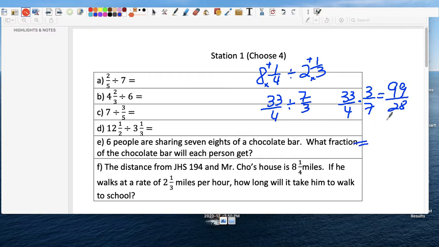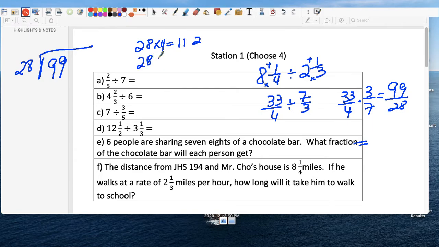Can we simplify this to a mixed number? Yeah. How many times can 28 go into 99? I think it might be easier if you do it this way. Let's take a guess. 4 times? 28 times 4 is 112. That's too much. 28 times 3 is 84.